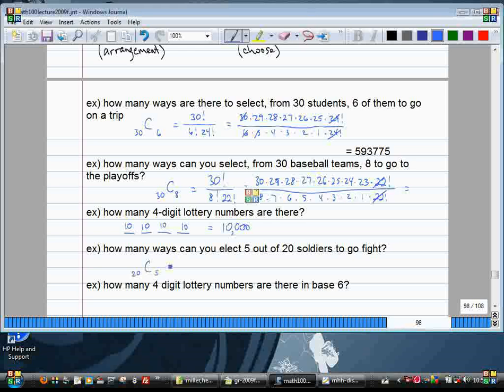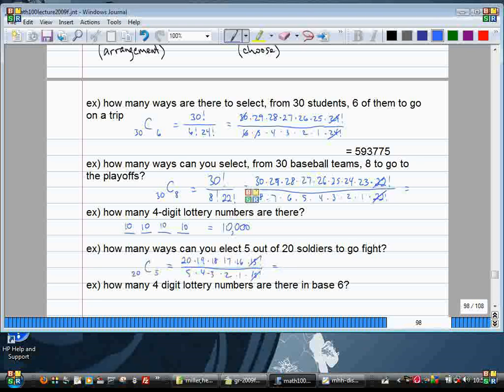And then you can work out whatever this is. So this is going to be 20, 19, 18, 17, 16 times 15 factorial divided by 5 times 4 times 3 times 2 times 1 times 15 factorial, and those are going to cancel. And then you just need to work that out. Blah, blah, blah. Okay.